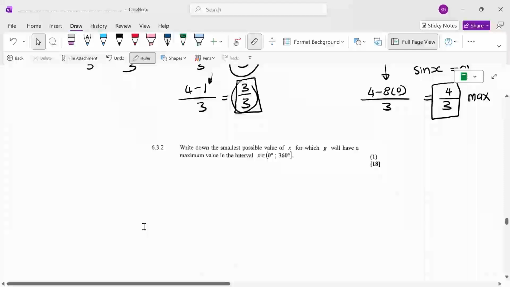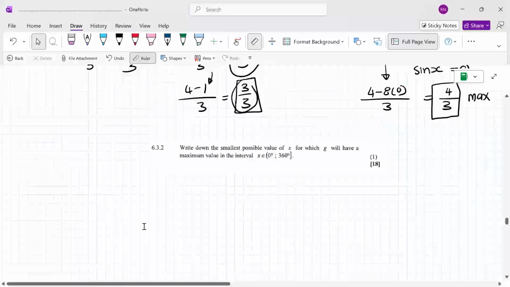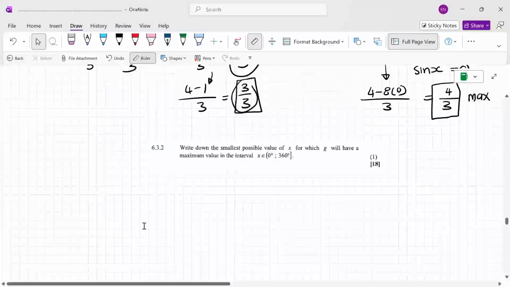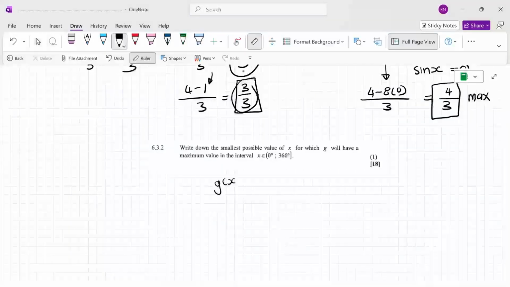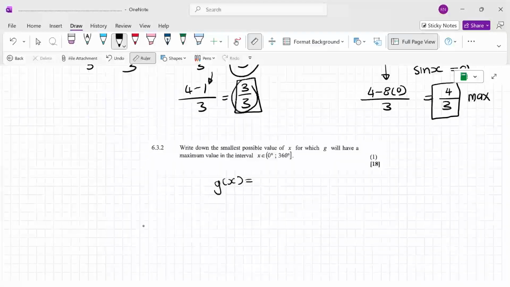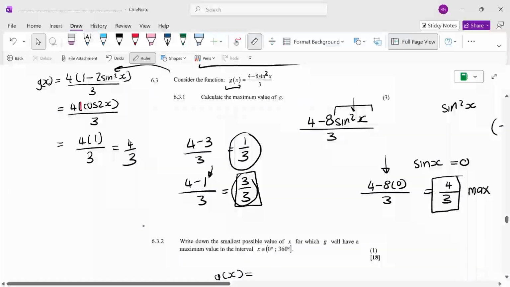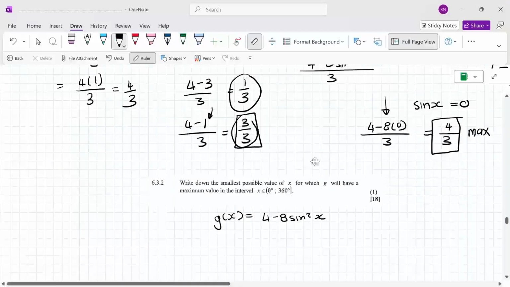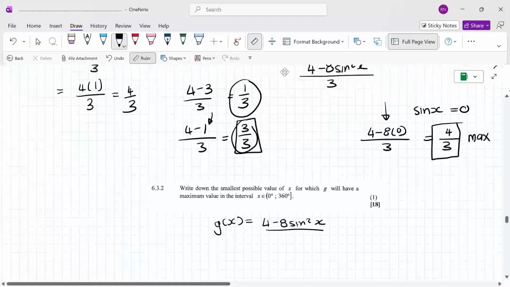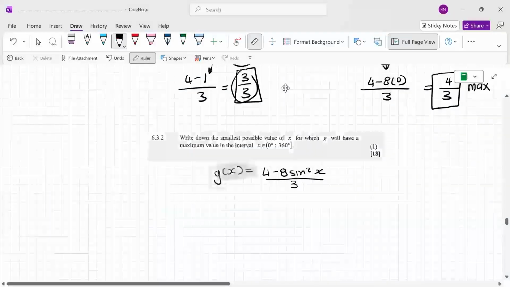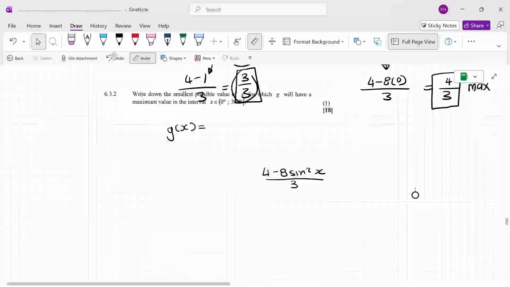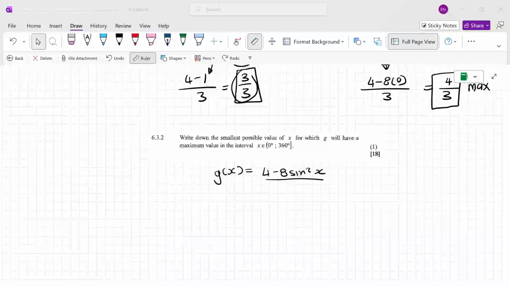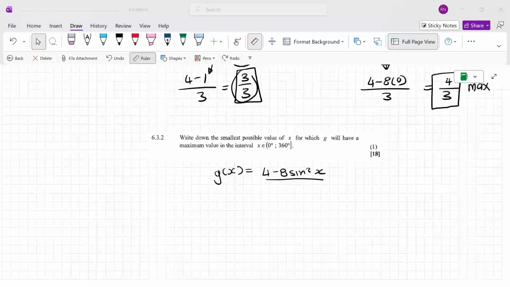And then they said, write down the smallest possible value of x for which g will have a maximum value in the interval from 0 to 360. So we were told that g of x is equal to 4 minus 8 sine squared x over 3.